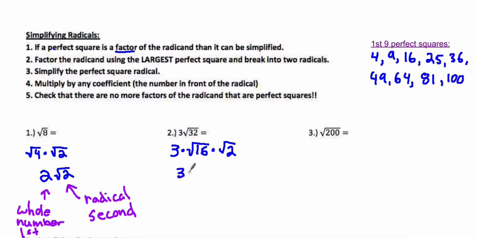So I have 3 times 4 times root 2. 3 times 4 is 12. Times root 2, you can just drop that multiplication symbol in the middle there because when you put them next to each other, that implies that they're being multiplied. So we have 12 times square root 2 is the simplified form of 3 root 32.